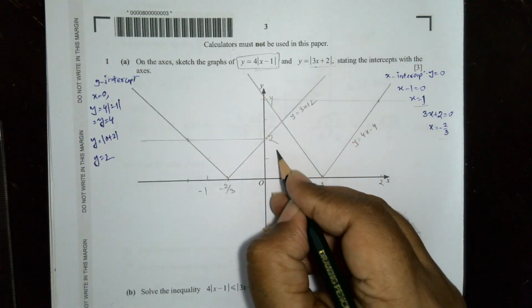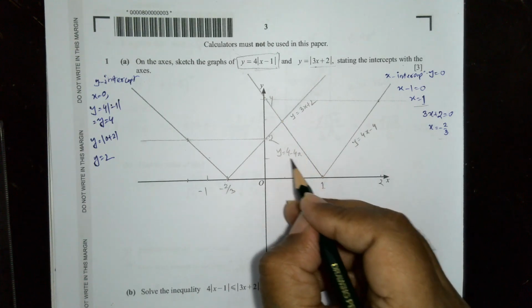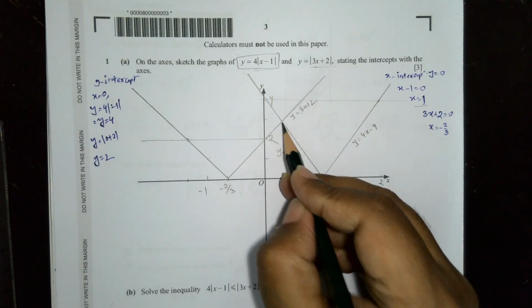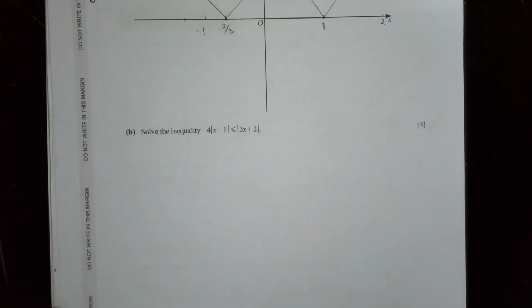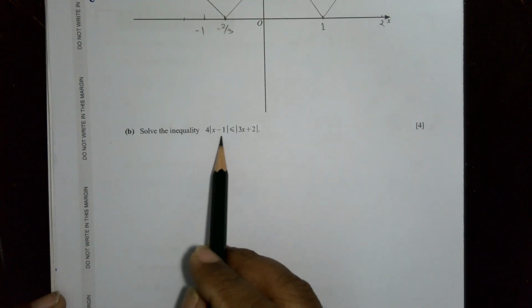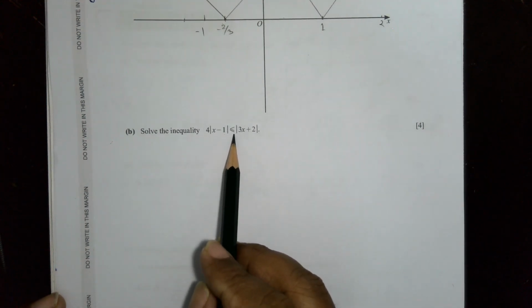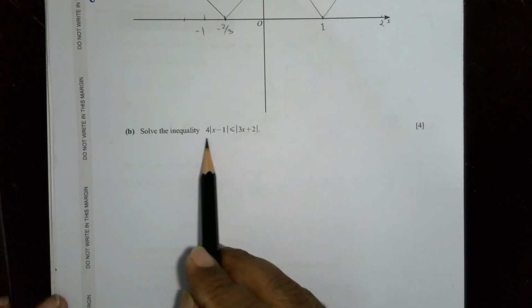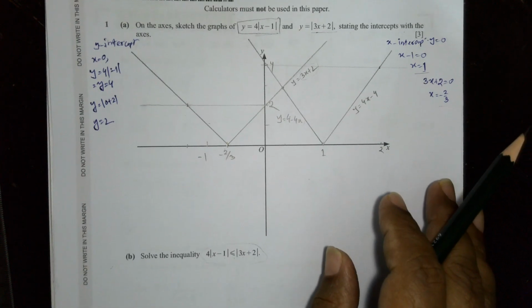This is y equals 4 minus 4x. So y equals 4 minus 4x and y equals 3x plus 2 will intersect at this point. Why am I saying so? Because in part B, it asked us to solve the inequality where 4 times modulus of x minus 1 is less than or equal to modulus of 3x plus 2. So in order to get this inequality, we first need to find the point of intersection between these two modulus curves.